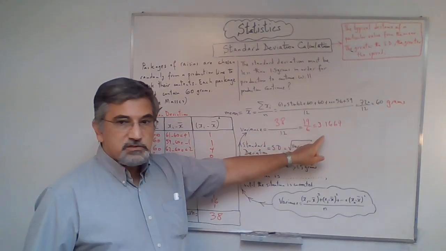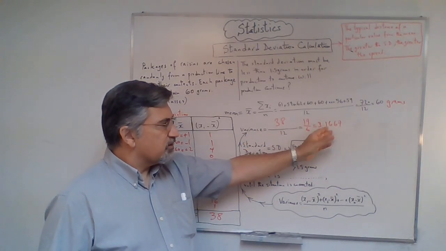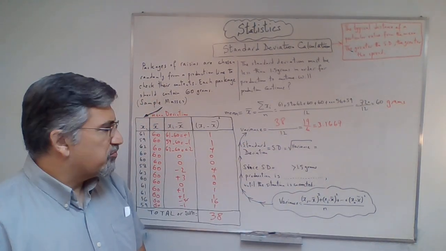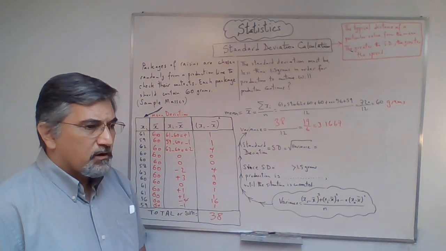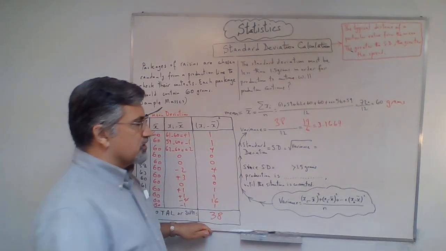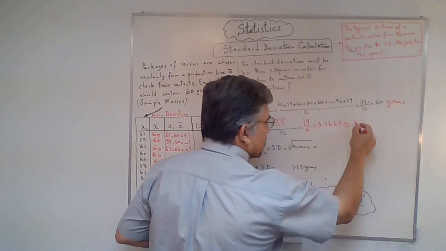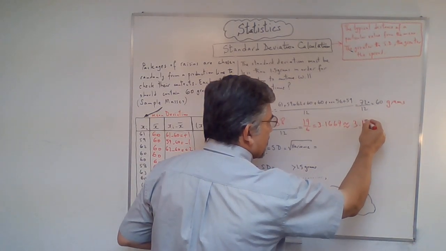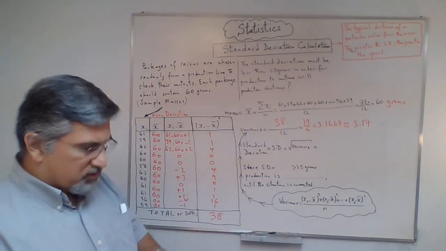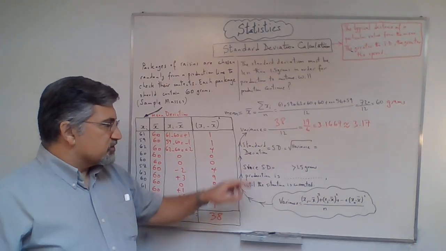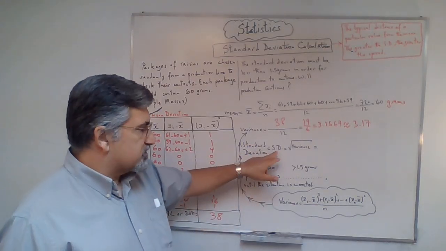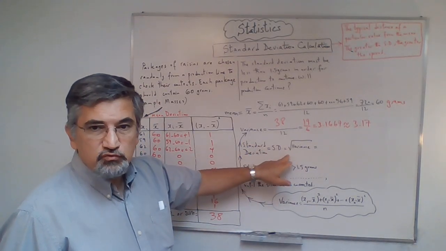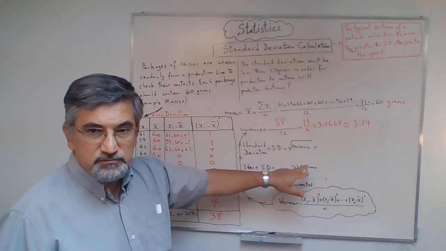So we found variance 3.1667. Of course, I put 4 digits after the decimal point, but I can choose to round correctly to 2 decimal places only. So this is roughly 3.17. Now, standard deviation, or SD in brief, is the square root of the variance by definition.